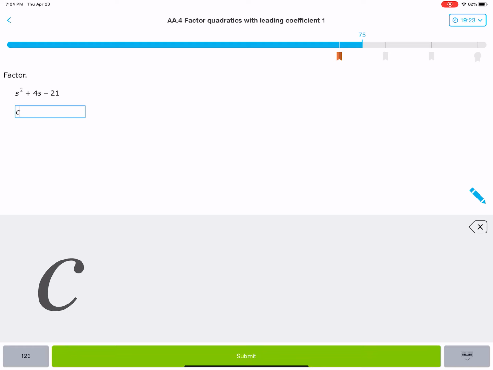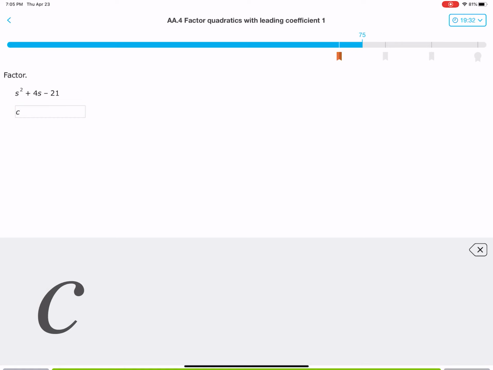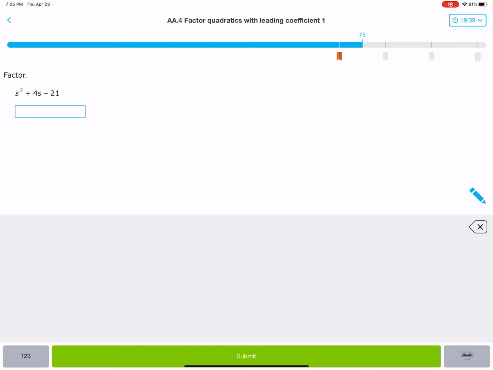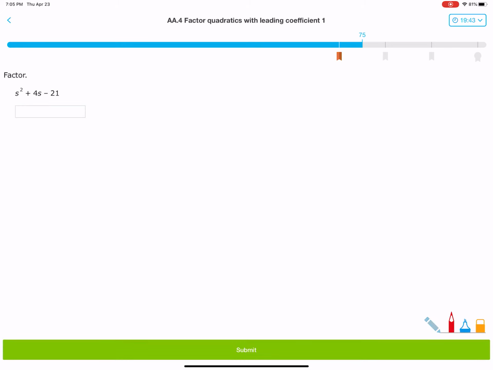How do we get a 21? 7 times 3. And on a 7 and a 3, I can get a 4, because I can do 7 minus 3. And I want the 4 to be positive, so I know I want my bigger number to be positive.